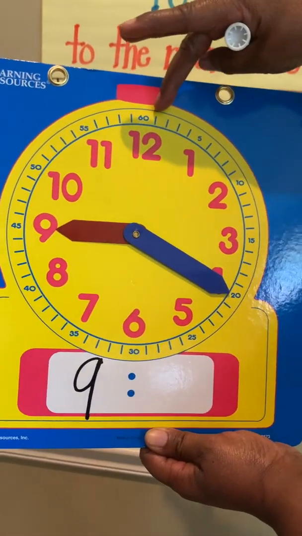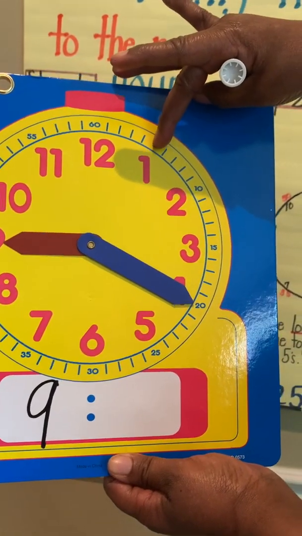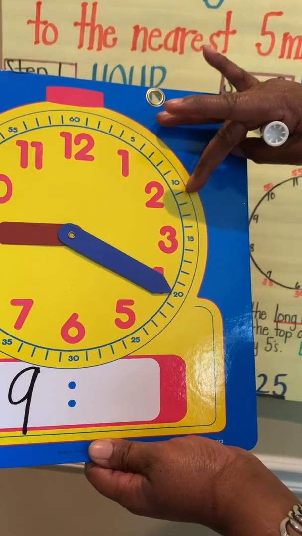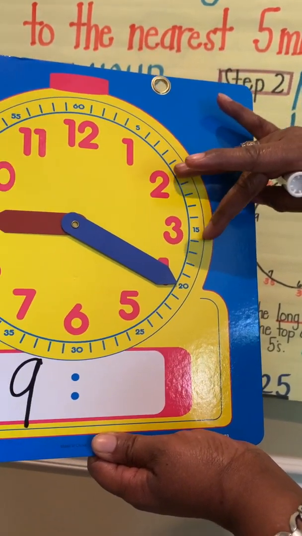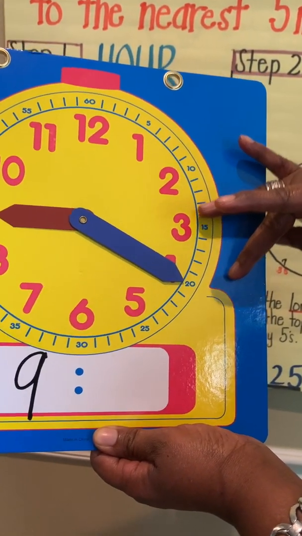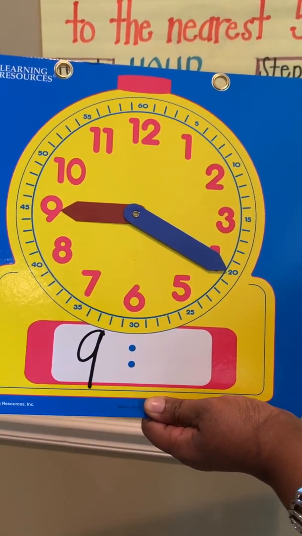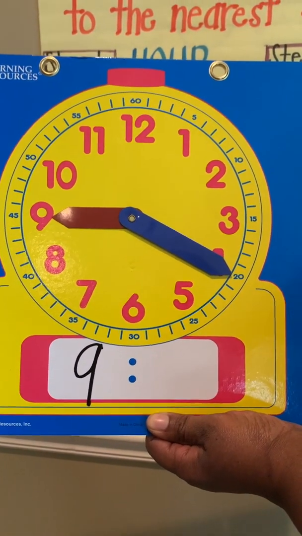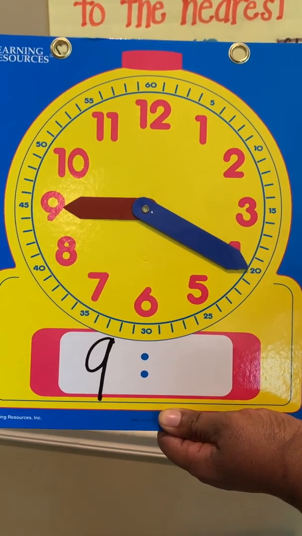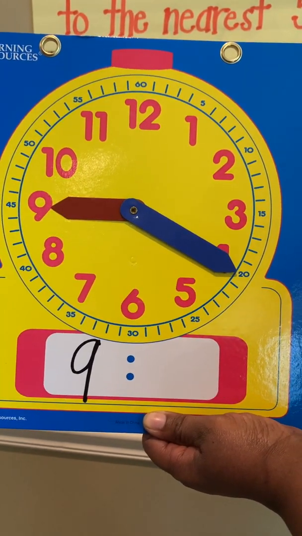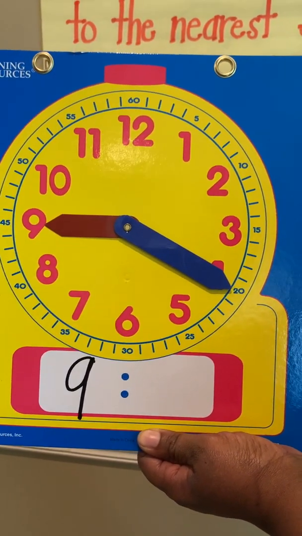So this is the top. We're going to say 5, 10, 15, and 20. What does the clock tell me about my minutes? What are my minutes? You said 20?